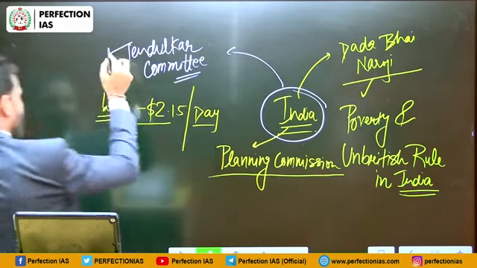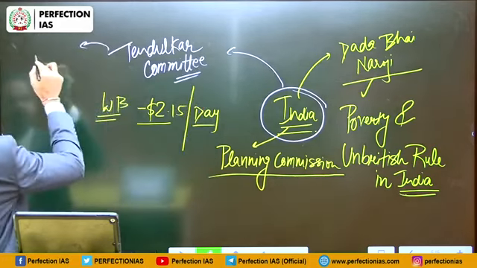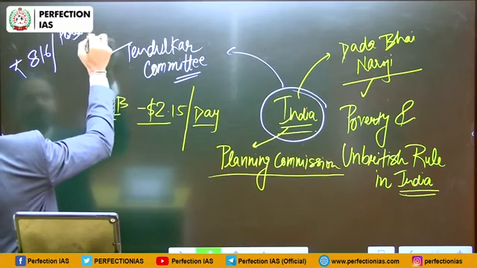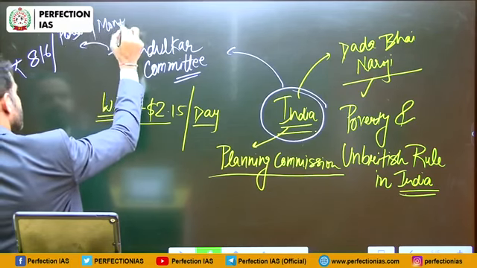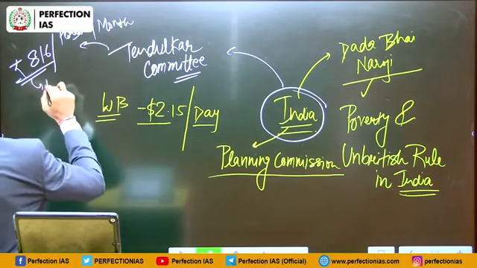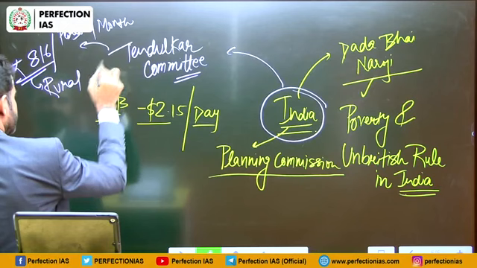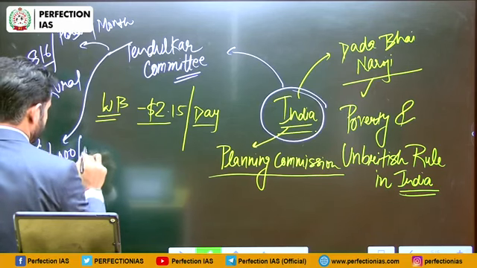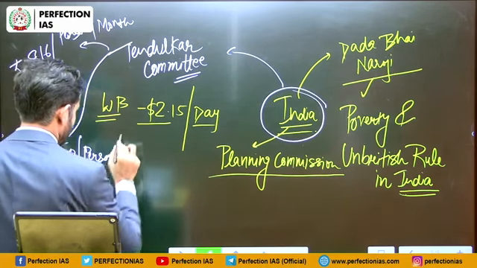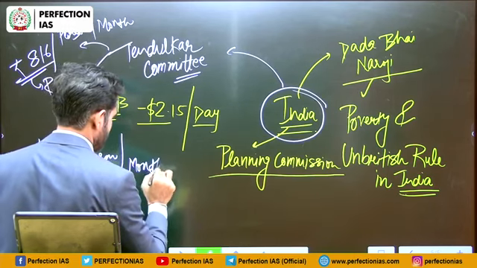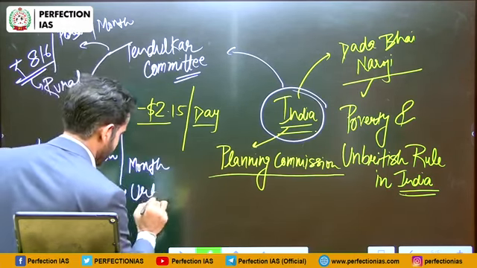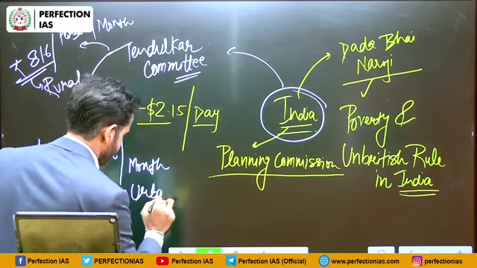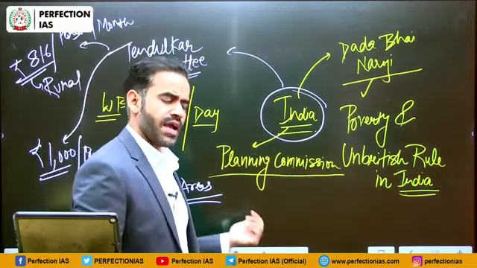And as per this committee, it is 816 rupees per person per month in rural areas and 1000 rupees per person per month in urban areas. So this is the present status of poverty line in India and globally.